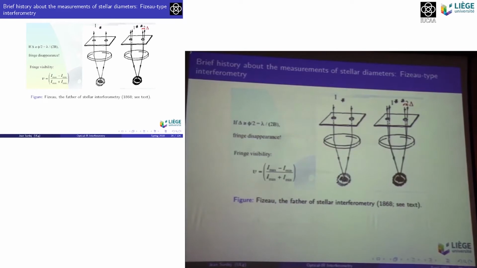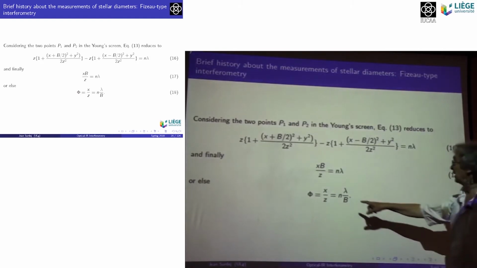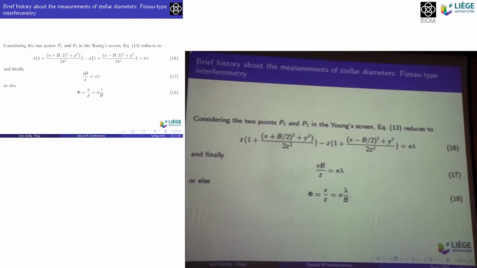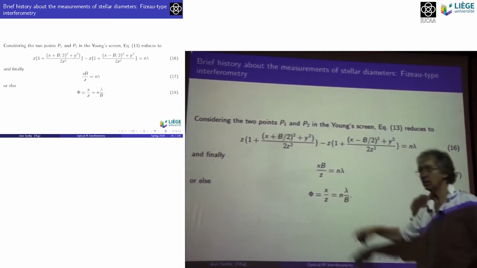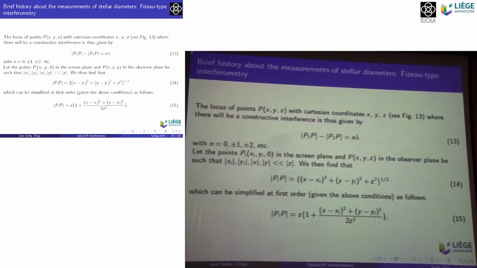Maybe one thing I forgot to mention from my previous demonstration is that the y quantity has disappeared. I have x, I have z, but there is no y. The reason is that when I made this demonstration, if it doesn't depend on y, it means that it's true for every y value.